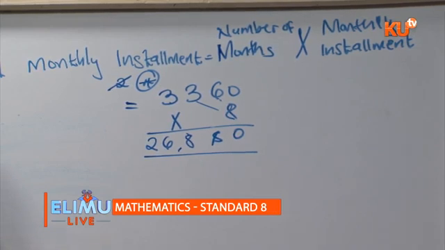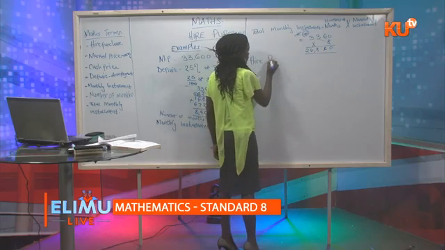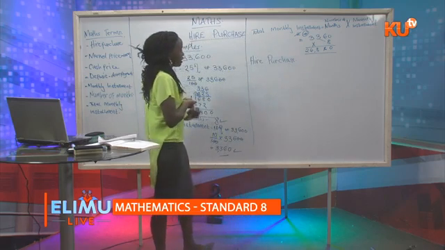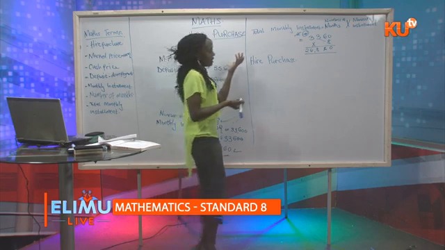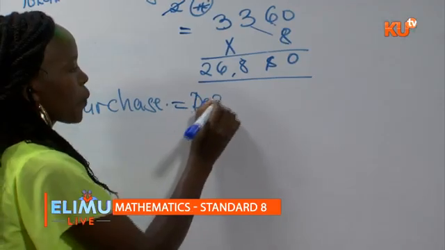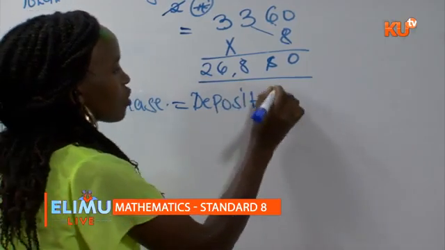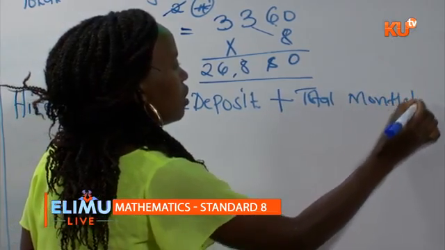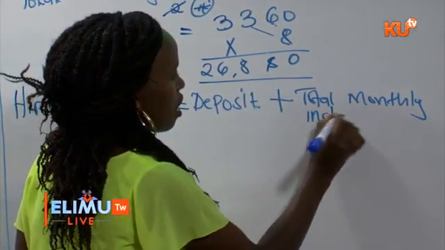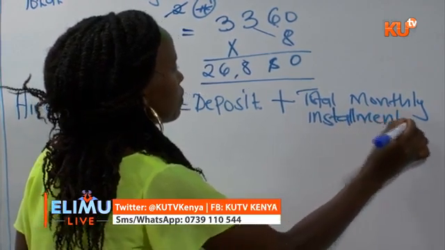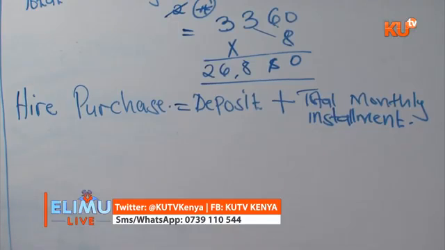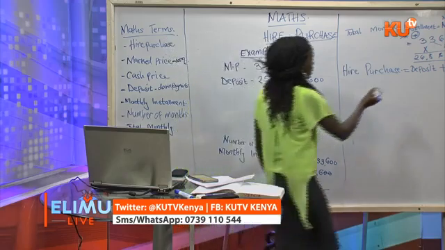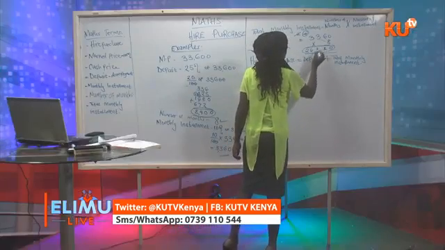So we look for our hire purchase. We know the formula of getting hire purchase when we have the deposit and the total monthly installment. We take the deposit, we add to the total monthly installment. So the deposit was 8,400, and our total monthly installment is 26,880.